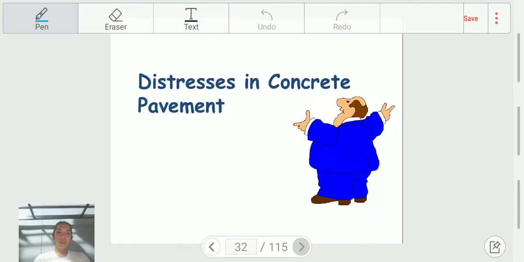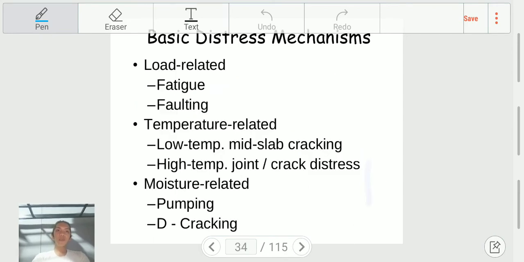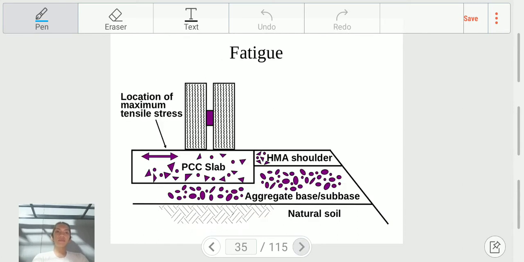Now, distress in concrete pavements. The basic distress mechanisms are load related, which includes fatigue and faulting; temperature related, which includes low temperature mid slab cracking and high temperature joint distress; and moisture related, which includes pumping and cracking. Fatigue is the location of maximum tensile stress.